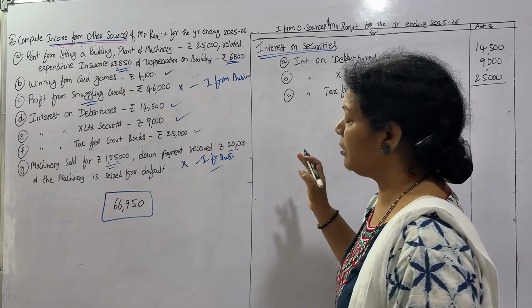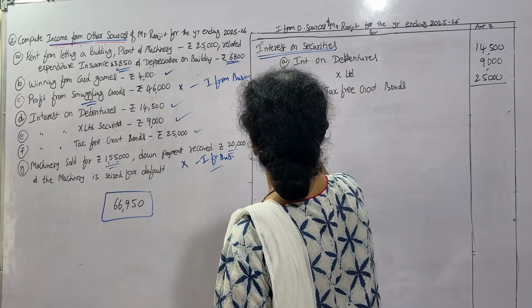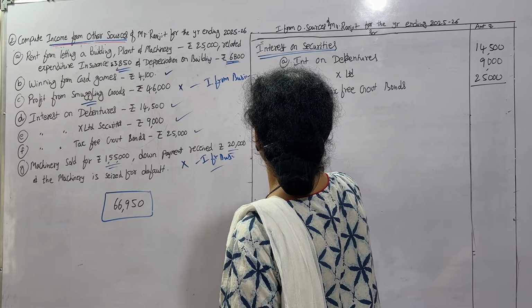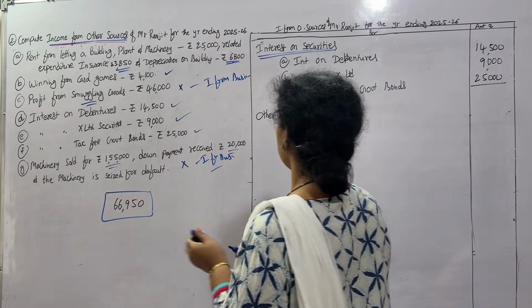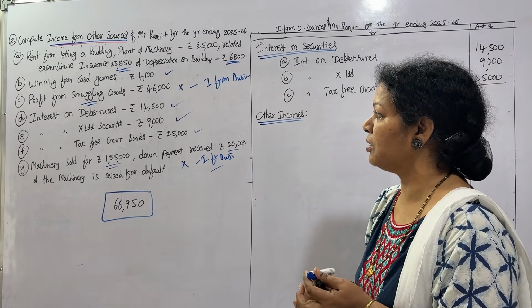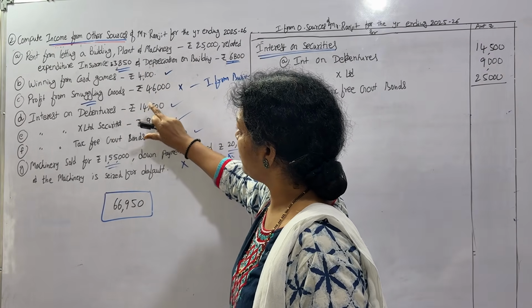This will total up later. Next, we'll give the heading other incomes. What are the other incomes? The rest of the transactions, whatever comes under other incomes, we will consider. Now, these three are over.